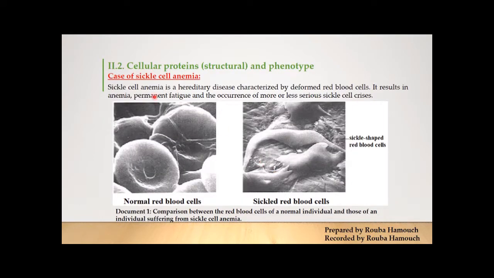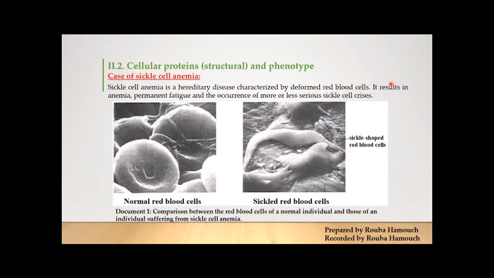Now we pass to the second case of the cellular proteins and phenotype. Here we have the case of sickle cell anemia, فقر الدم. Sickle cell anemia is a hereditary disease caused by a mutation in a certain gene, characterized by deformed red blood cells.